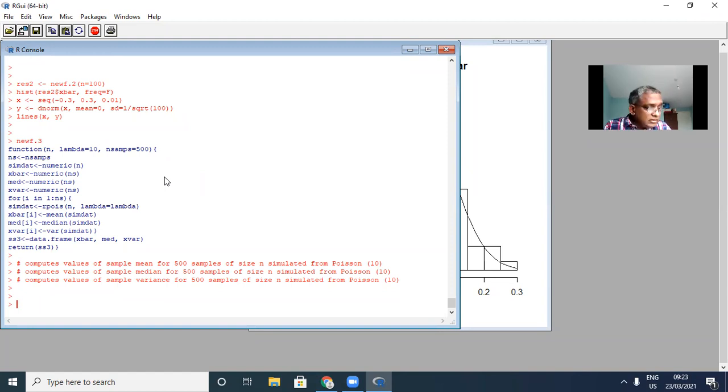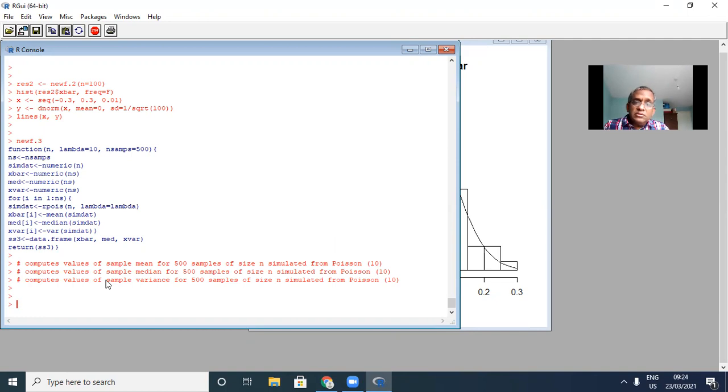I explained that in the previous exercise: you remember the width of the box was shorter for the sample mean compared to the sample median. So you would pick the sample mean over the sample median, because the width of the box was shorter. All right.